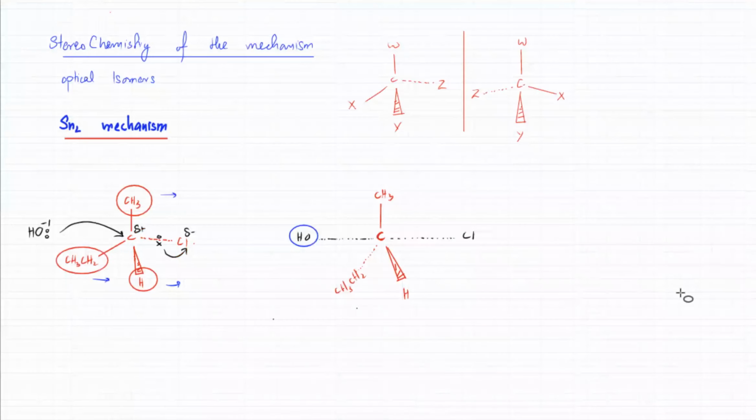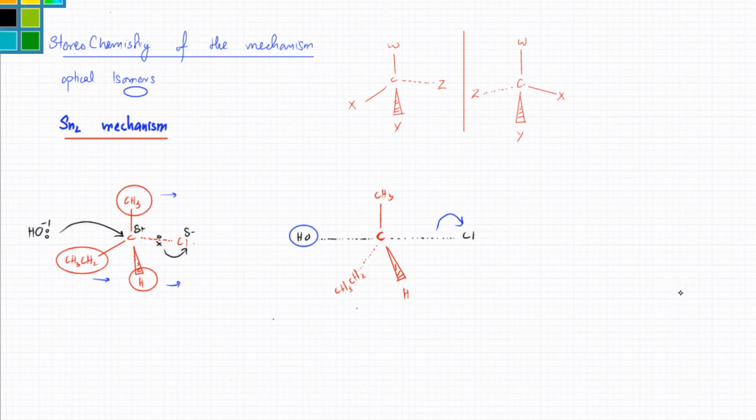So the last part would be that the Cl would eventually break off. Cl would eventually get knocked out by the OH minus one that's coming in. And the very last part is going to look like this: you'll have a carbon over here and the OH will eventually form a bond. And all these other bonds are going to get repelled to the other side.